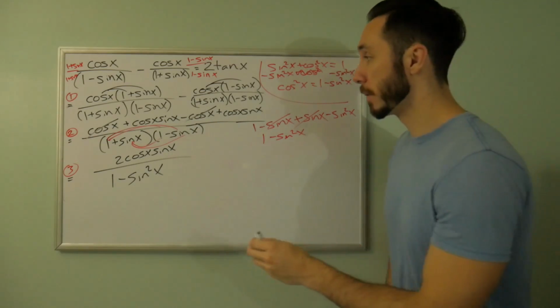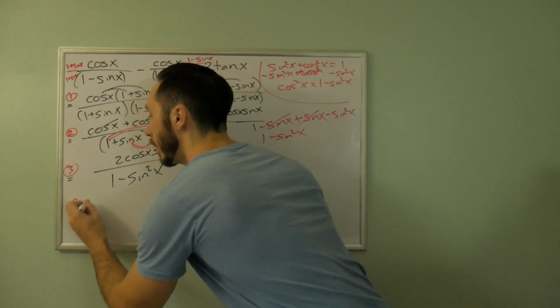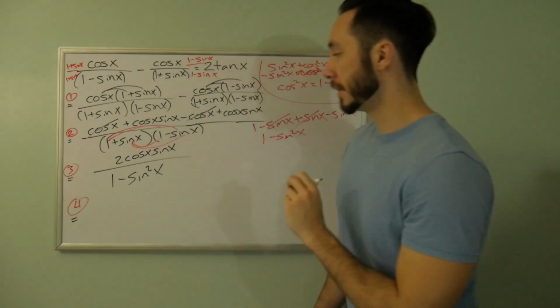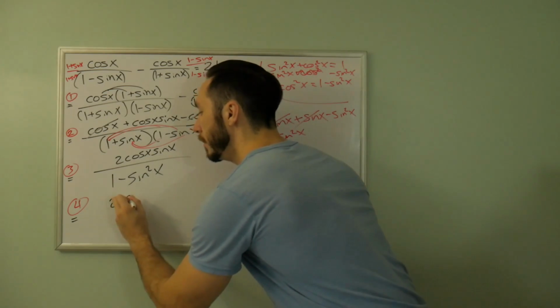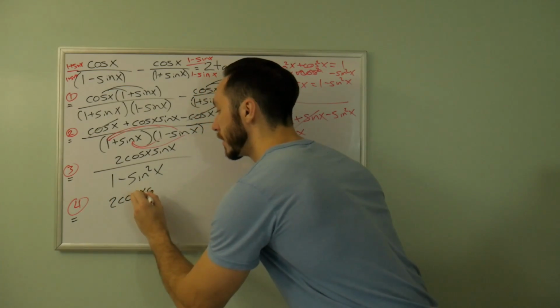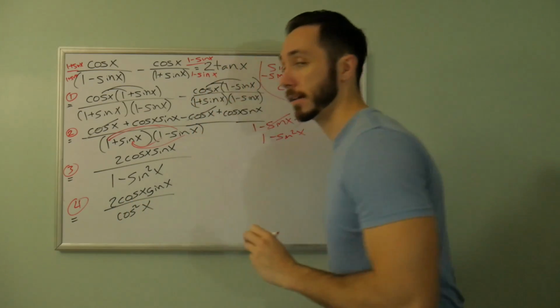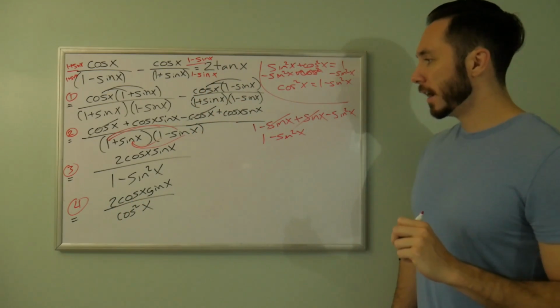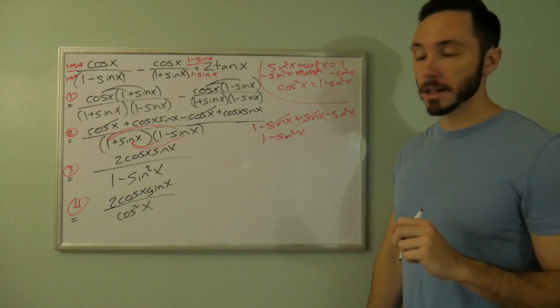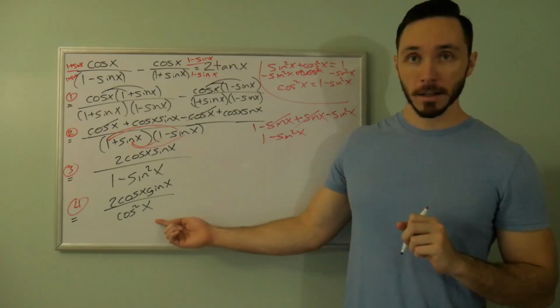I'm going to do that for my fourth step. Step 4: this is equal to the same numerator, nothing's going to change there, all over cosine square x. Hey, I'm almost done. It might be a little hard to see, so I might rewrite this.